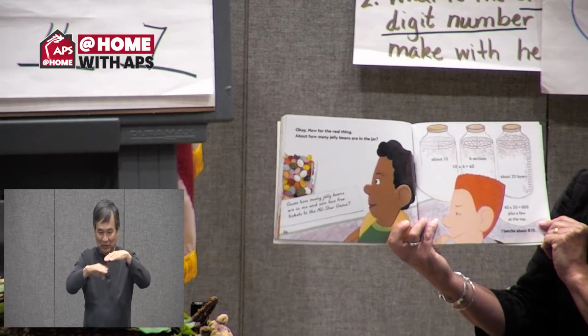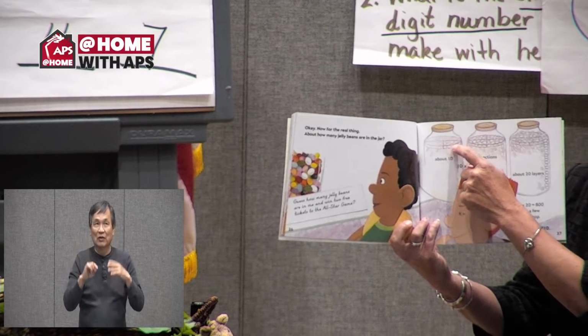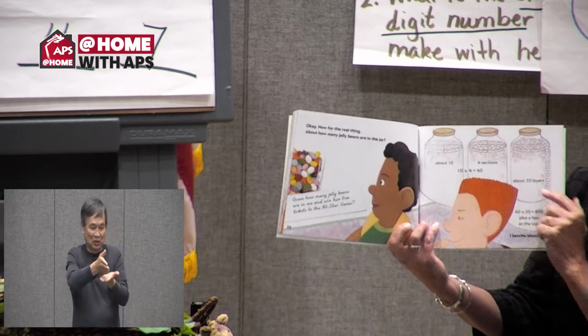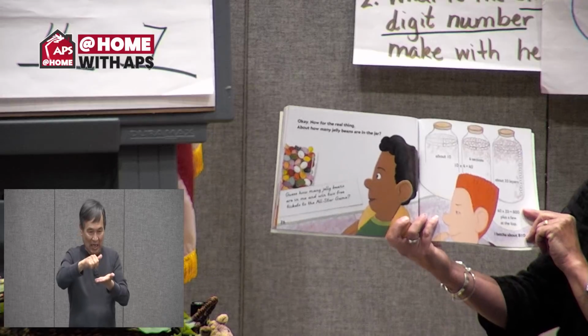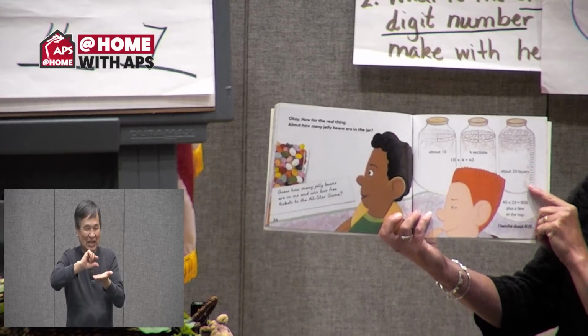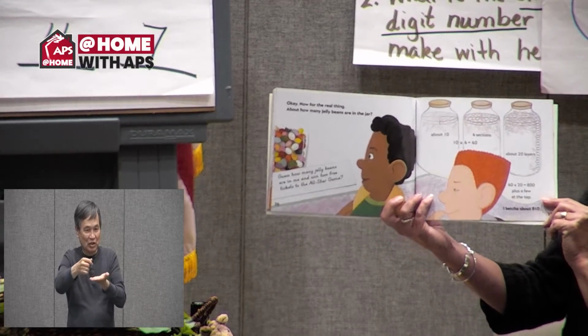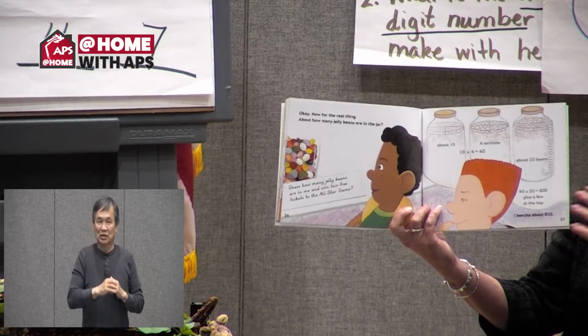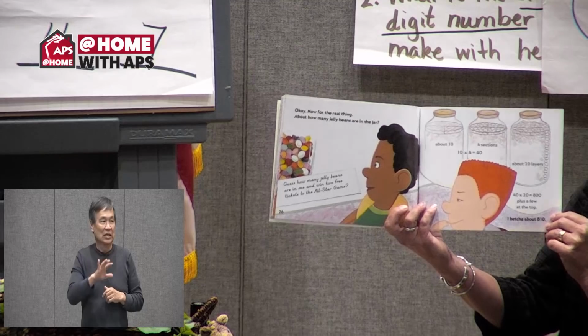So about 10 in each section on the top. So each section would have 10. And 4 sections, 20 layers. 40 times 20 is about 800, plus a few at the top. I bet you about 810.